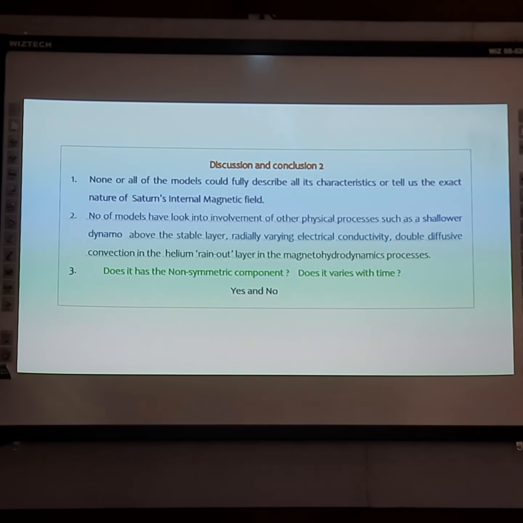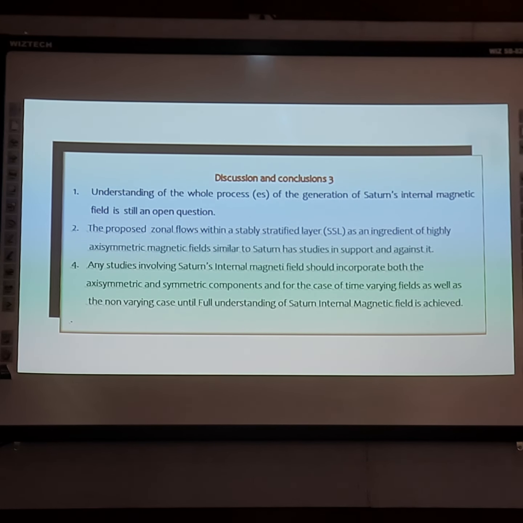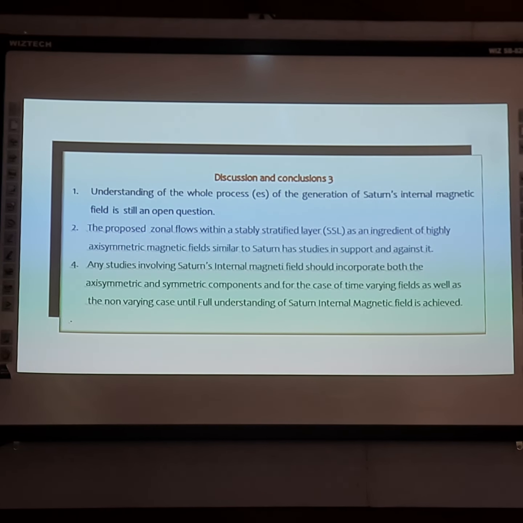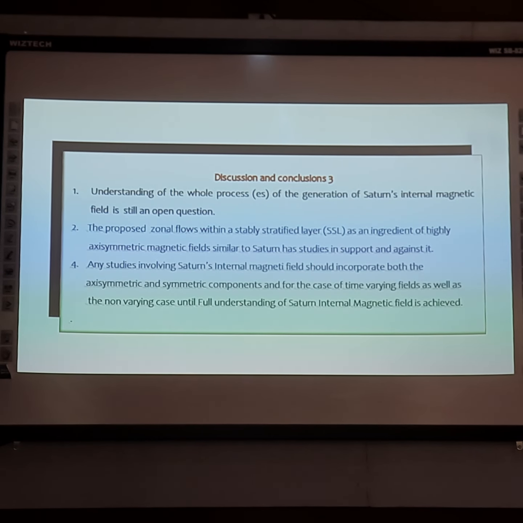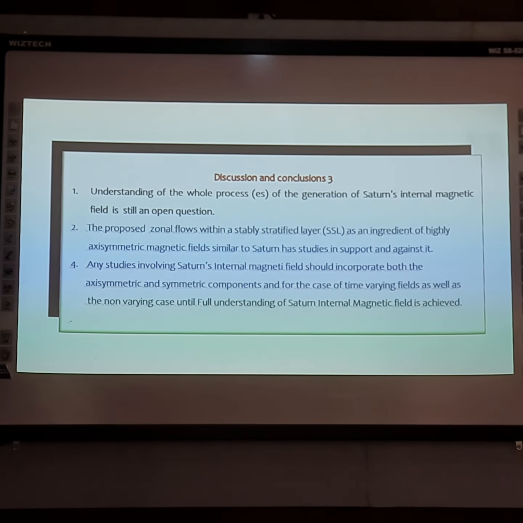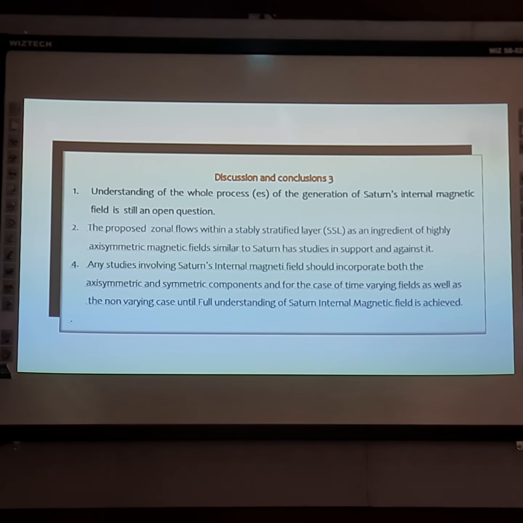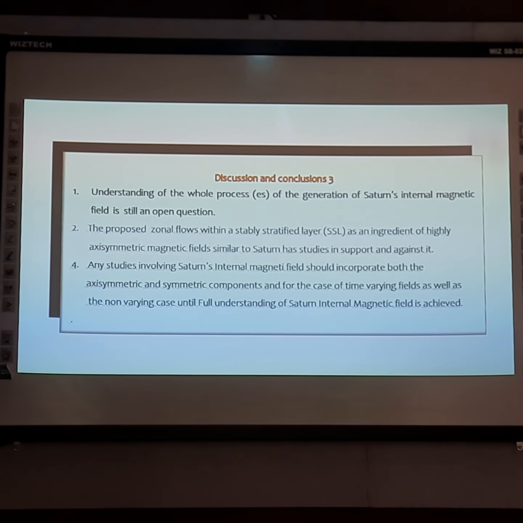We can study the ring matter. Then discussion and conclusion. Understanding of the whole process of the generation of Saturn's internal magnetic field is still an open question. That means the conclusion also gives us a challenge. If we are not sure what the magnetic field looks like, then how do we study the charged particle dynamics, and how are we going to study the ring formation, or the life of certain rings?